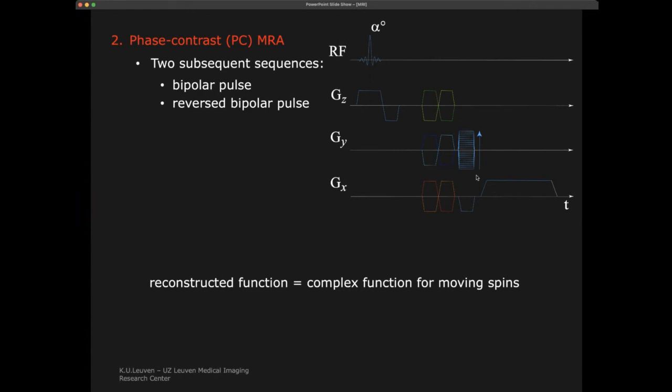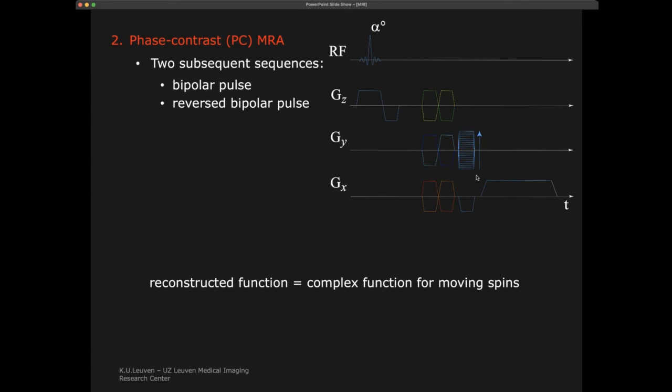First we flip in our plane. Now we wait until the blood has moved out. Then we flip another 90 degrees. Now we have flipped tissue out of the XY plane again, but with this second 90-degree pulse, if new blood came in that wasn't initially flipped by 90 degrees, that blood will now be flipped, and it's exactly this that we're looking at.